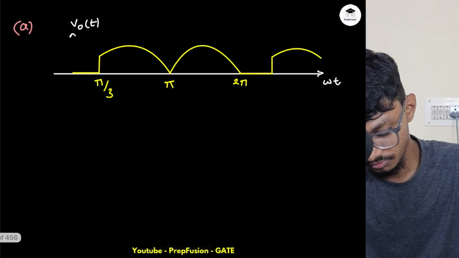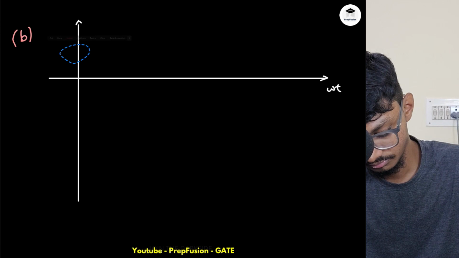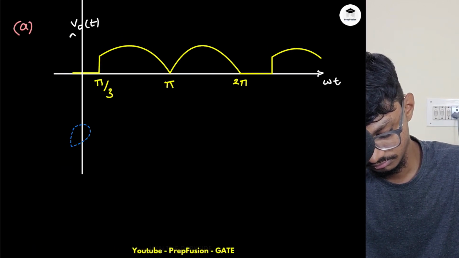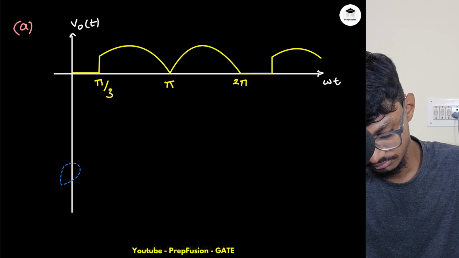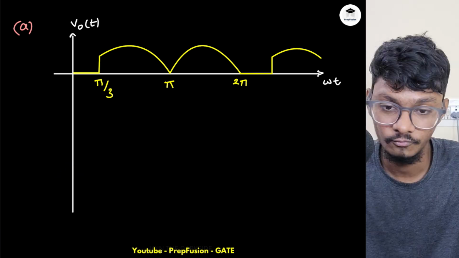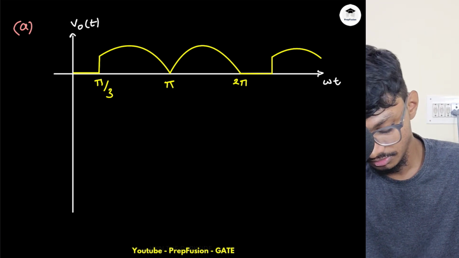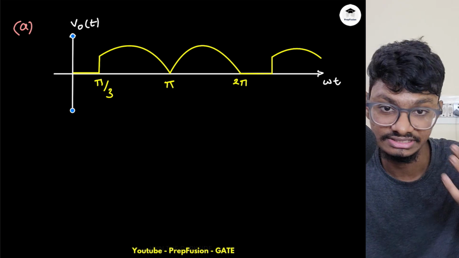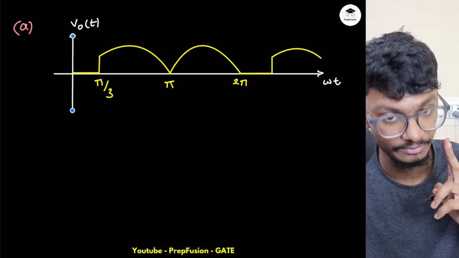What is this basically here? Can I compute the average voltage? This has a time period of 2 pi, not pi.